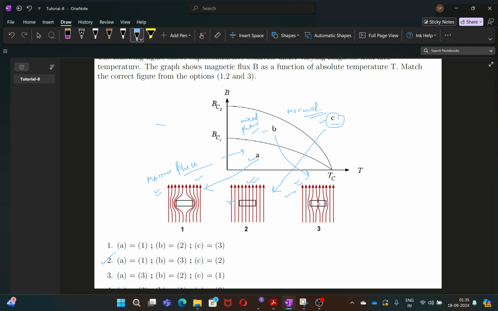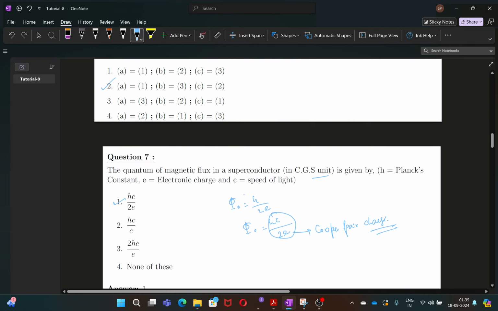And then for the region of C, the flux lines will be option number 2, because that is the only leftover option, and also because it is more uniform throughout the sample compared to the other. So we have also calculated that.